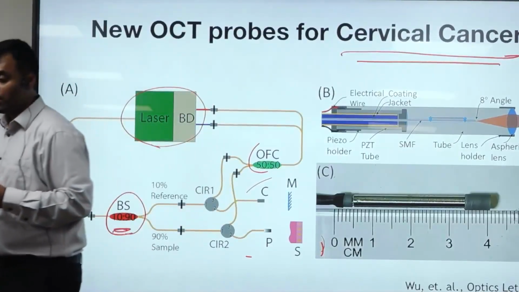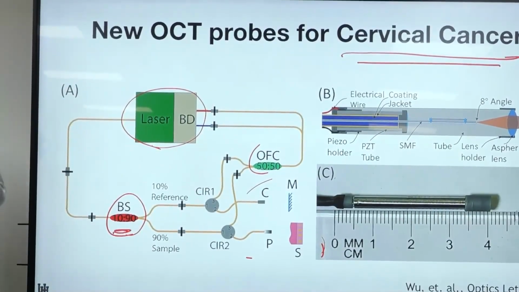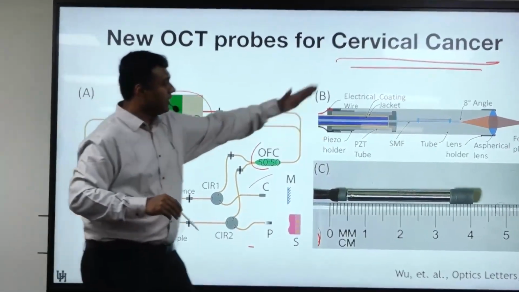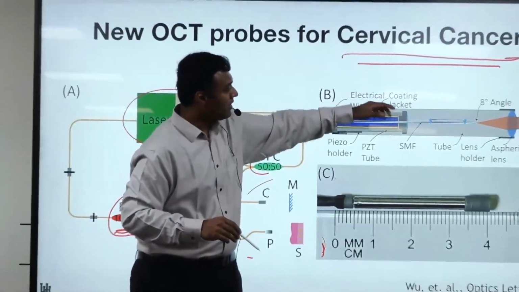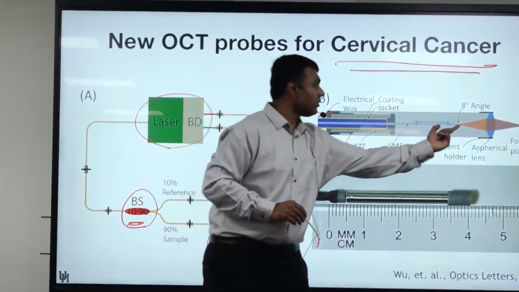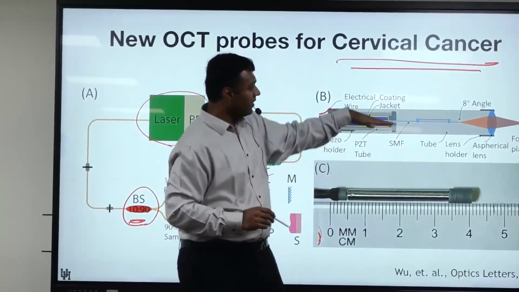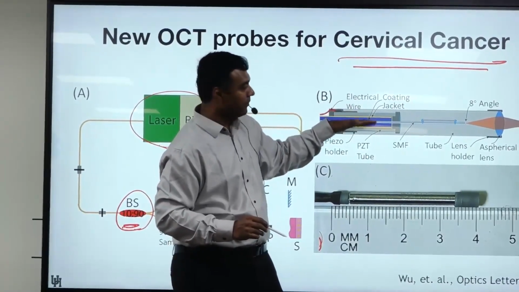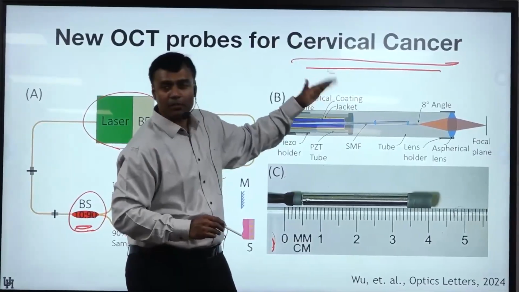So what we do is what's called resonant amplification. Depending on the length of this cantilever and the frequency of the voltage you apply, this keeps moving up and down, up and down.